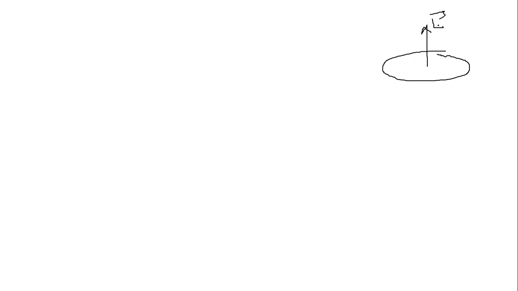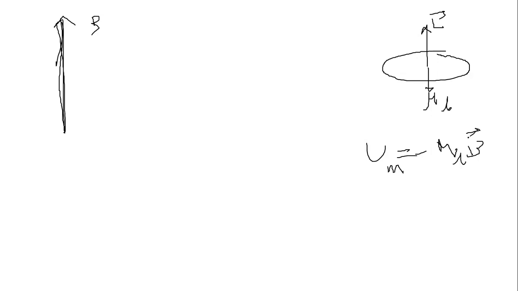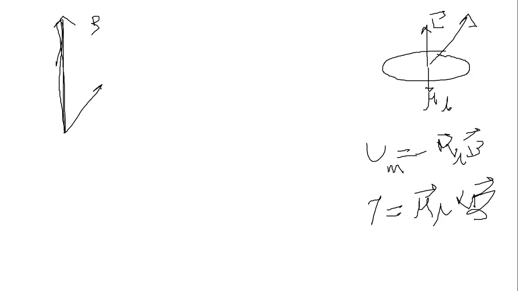But when a magnetic field was applied along this z direction, then this L had also a mu L component. So due to the presence of the magnetic field, the interaction energy we just calculated is minus mu L into B. So this will also experience a torque, which is mu L cross B vector. As a result, this L vector will be deflected in this direction. So L will be like this.